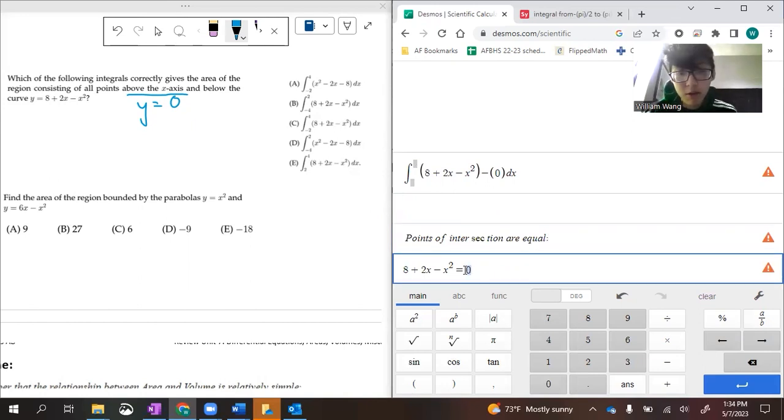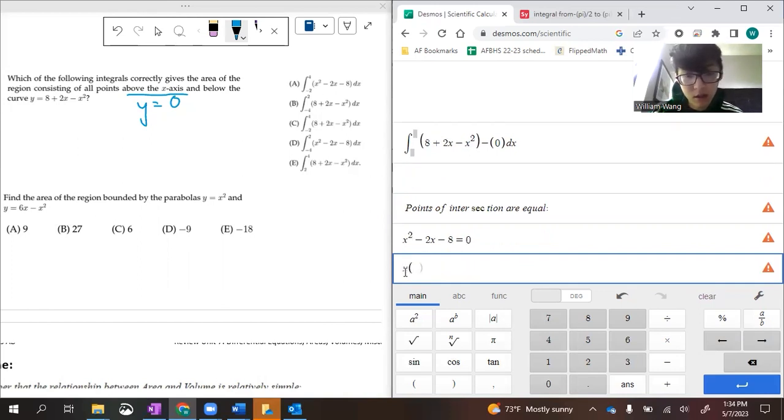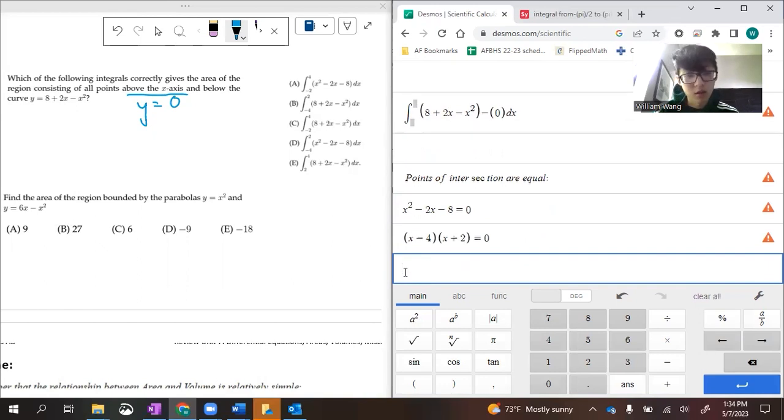So I multiply both sides by -1, so I can rewrite this as x squared minus 2x minus 8 is equal to 0. So x minus 4 times x plus 2 is equal to 0. So x is equal to -2 and +4.